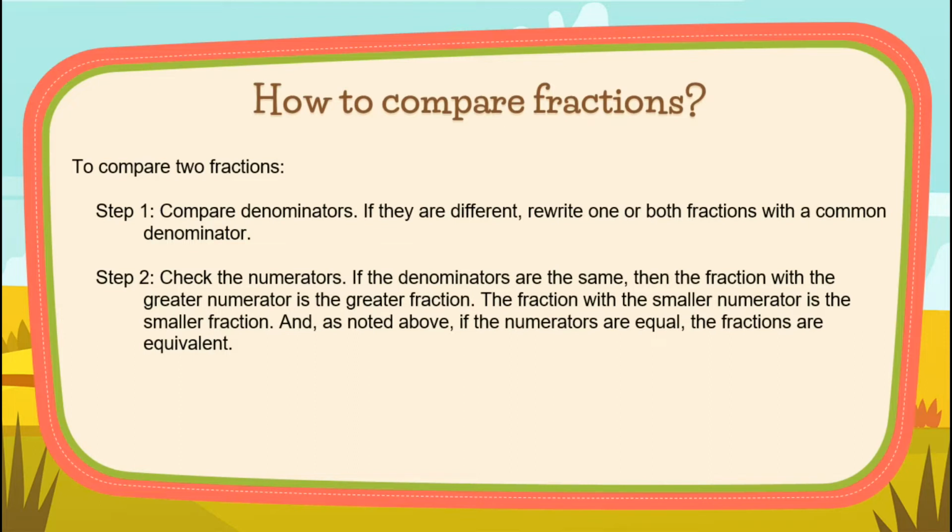Step 2. Check denominators. If denominators are the same, then the fraction with the greater numerator is the greater fraction. The fraction with the smaller numerator is the smaller fraction. And as noted above, if the numerators are equal, the fractions are equivalent.